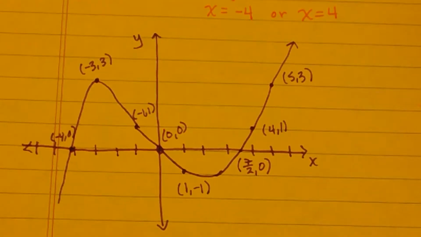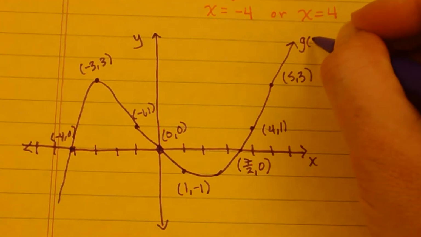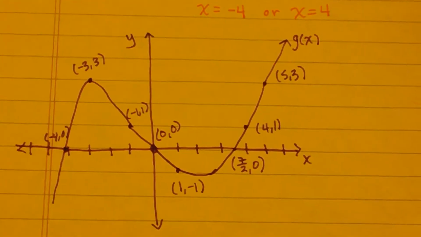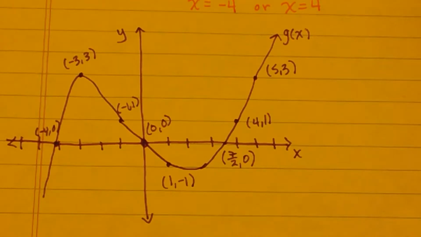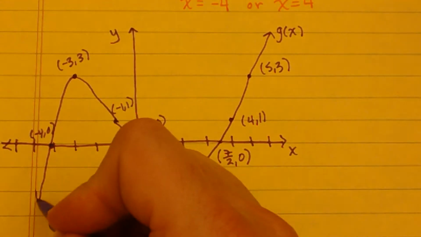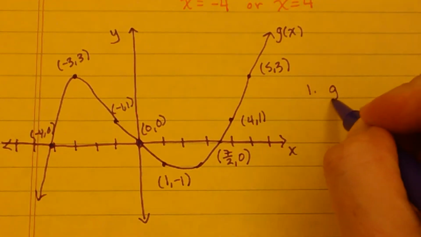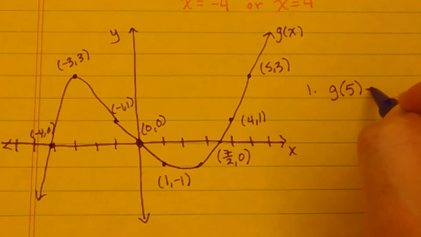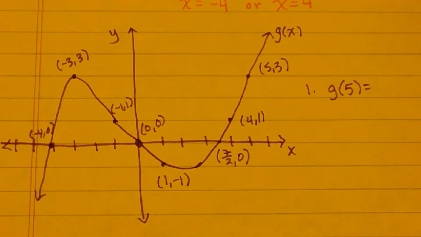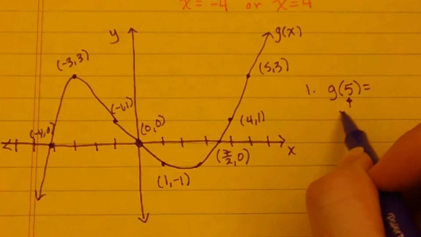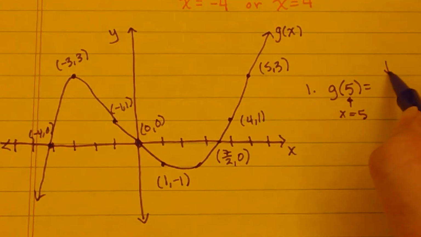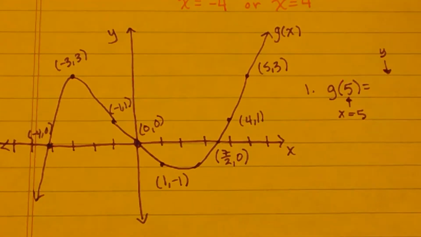Okay. Now what questions can we ask here? Let's call this function g of x. Then I could ask you for g of different x values. So I could ask you, what is g of 5? G of 5 means that x equals 5, and we're being asked to find the y value.